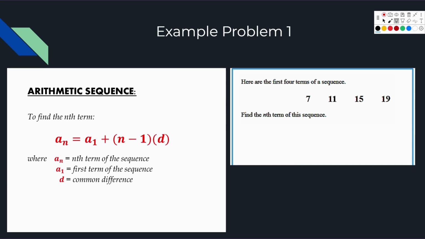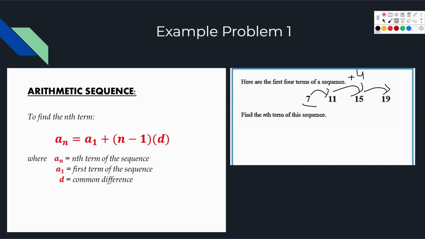So first we'll start with this over here. First things first, we find the first term, which is 7. Then we are finding the common difference, which, as we can see, is simply plus 4 each time. Plus 4.